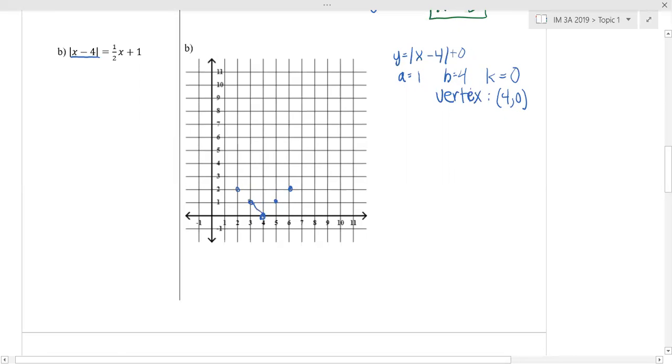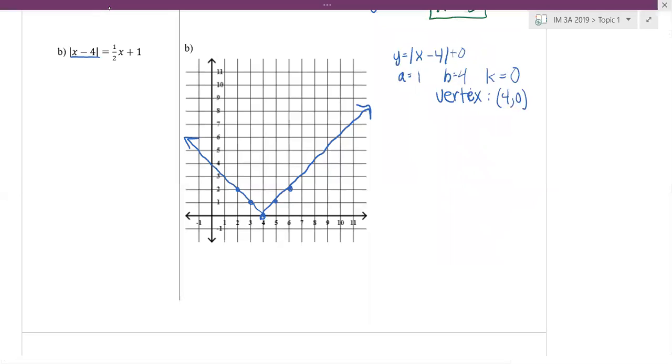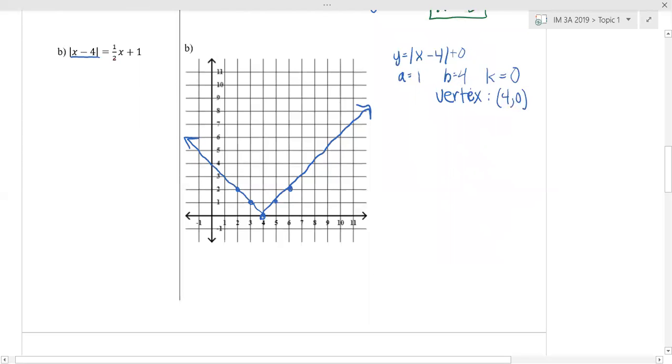And so we're getting this shape for our absolute value. So that's the first half of our process, is identifying the graph of one side of the equation, and then now we have to graph the other side of the equation, and we're looking for the x values of those intersections.